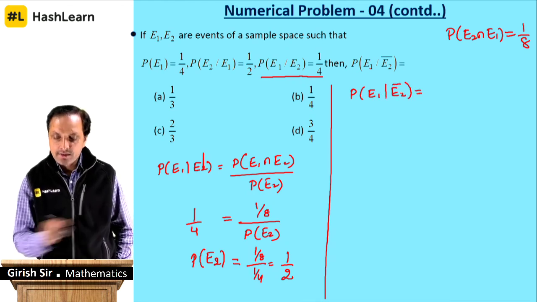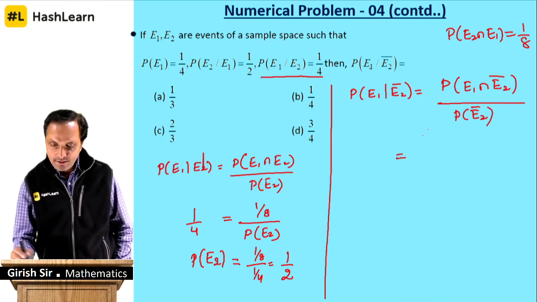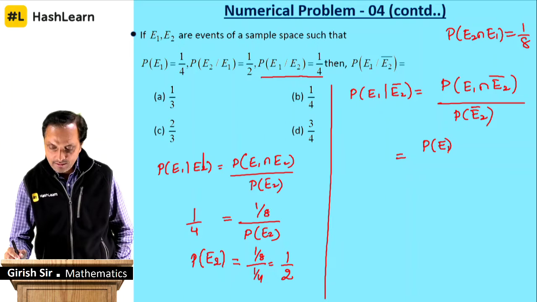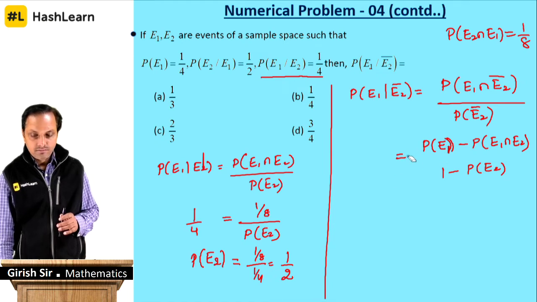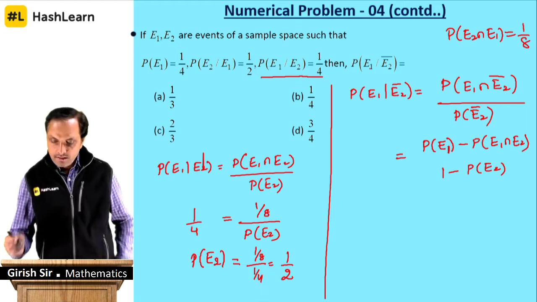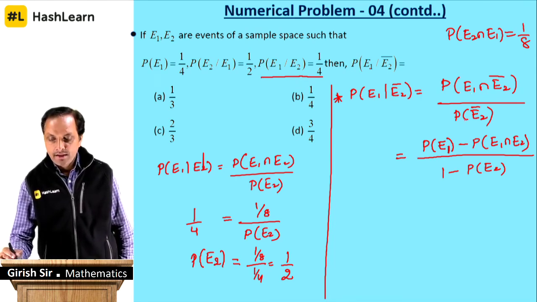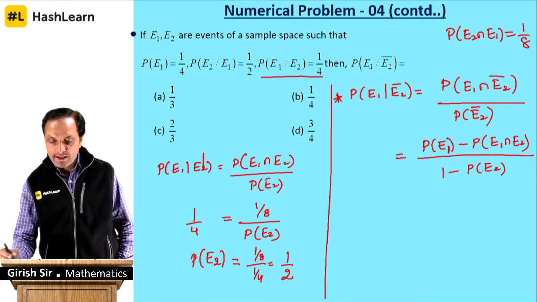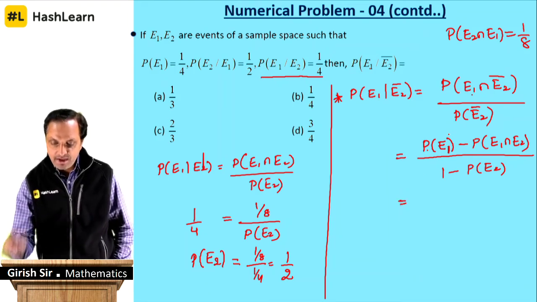ठीक है, इसको नोट करने के बाद हमें निकालना है what they are asking you, E1 condition E2 bar. प्रोबेबिलिटी ऑफ E1 इंटरसेक्शन E2 बार डिवाइडेड बाय प्रोबेबिलिटी ऑफ E2 बार. इसको हम लिख सकते हैं probability of E1 minus probability of E1 intersection E2 divided by 1 minus probability of E2. ये है आपका very very important formula.